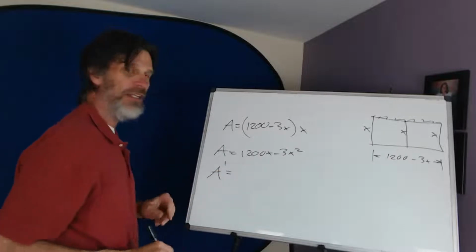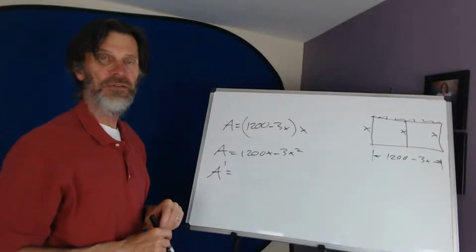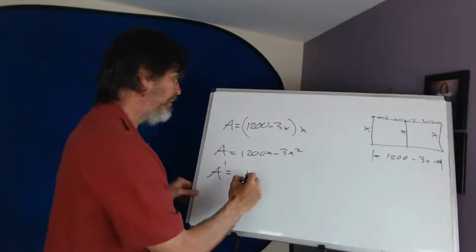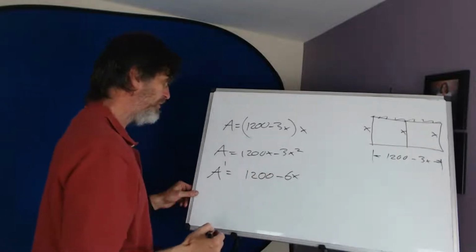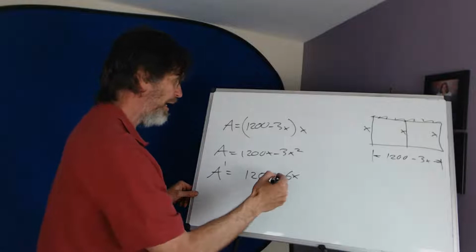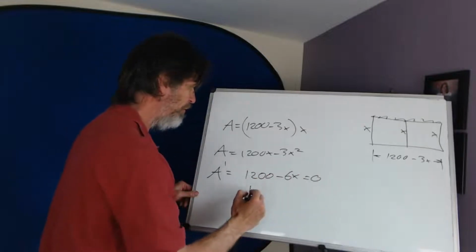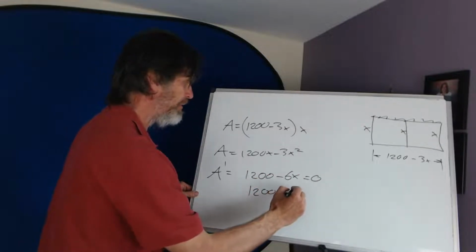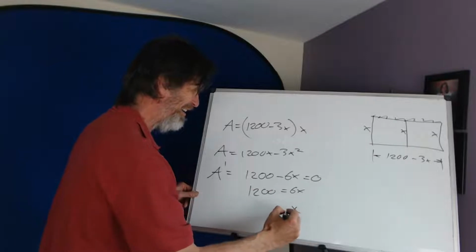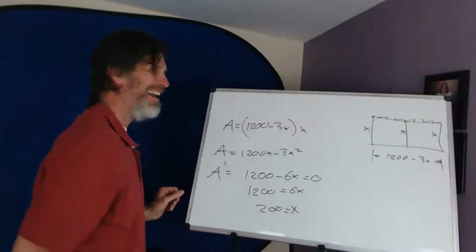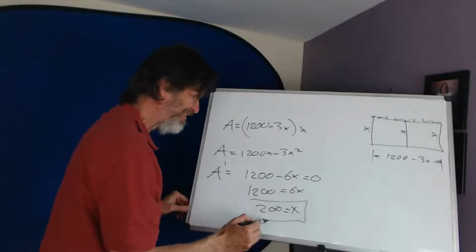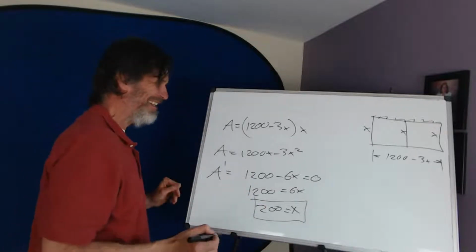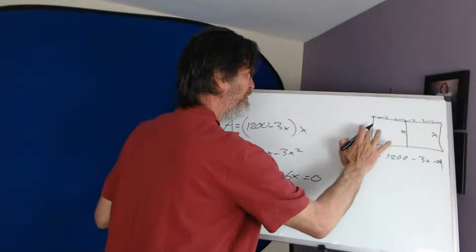As always, to maximize this function, we'll take the first derivative and set it equal to 0. 1,200 minus 6x, set it equal to 0 and solve. 1,200 is 6x. Oh, look at that. x came out to be 200. Who knew? My guess there was actually the one that had the maximum area. All right, so now we can put all the numbers back in here.